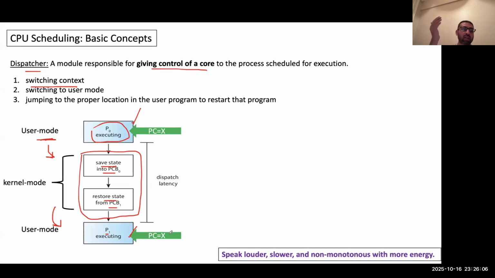For example, last time when P1 was kicked out of the core, let's say the program counter was set to instruction X. Now in the future, when it gets its turn again to run on the core, the PC should again be set to the address of the same instruction X. So the dispatcher is responsible for all these three tasks.